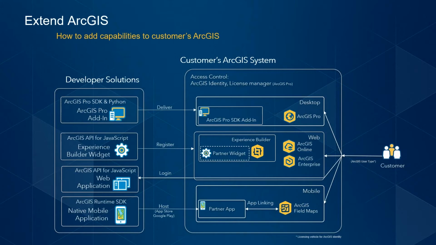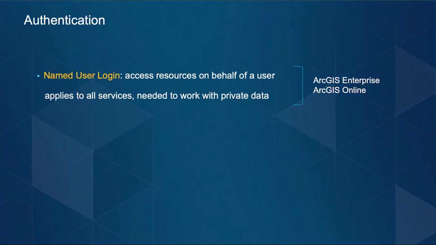So in case of Extend, customer brings their own ArcGIS licensing, which means you as a developer don't have to worry about it. What we will be focusing on today is supporting ArcGIS Identity within your applications. Now, there are several ways to authenticate with ArcGIS, but for the Extend pattern, we are primarily focusing on the named user login.